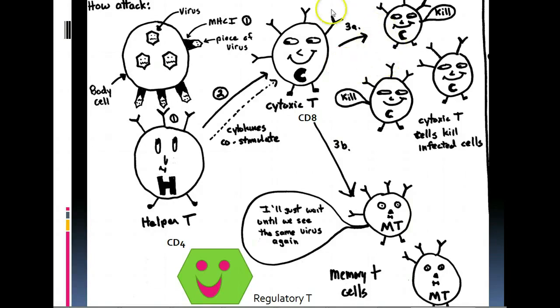These cells will then destroy the cells that have been attacked by the virus, which will then kill the virus. And what we're left with is memory T cells, which again, the second time you're exposed to the same virus, will go through mitosis almost immediately, become cytotoxic T cells, and destroy any cells that have been infected by the virus, usually before you even know you've been infected a second time.